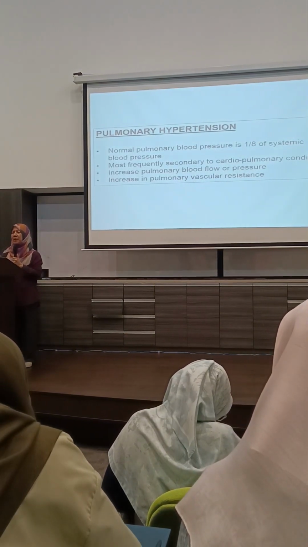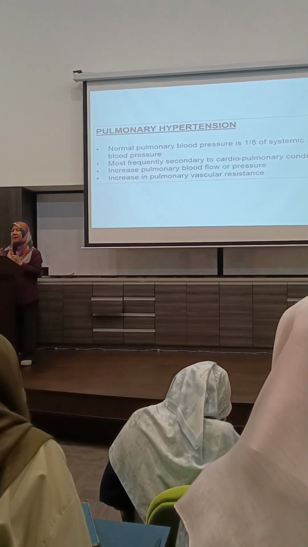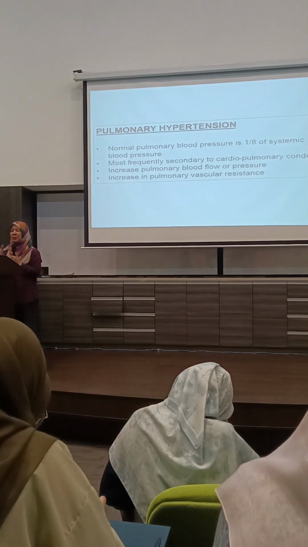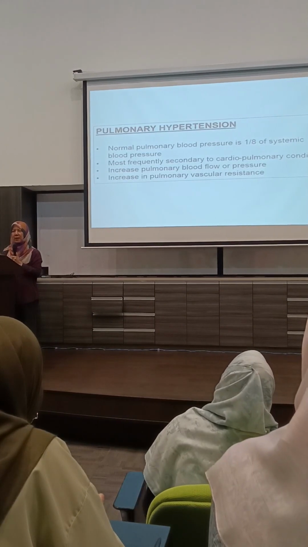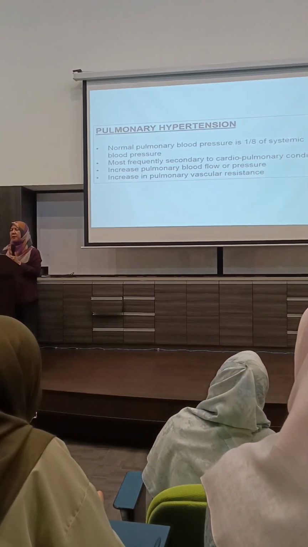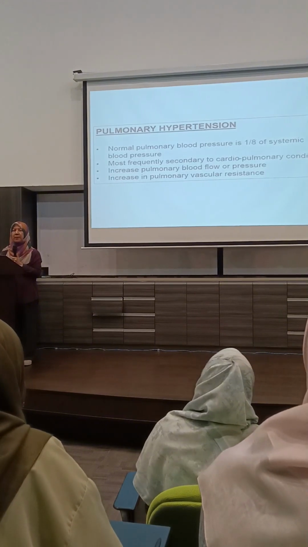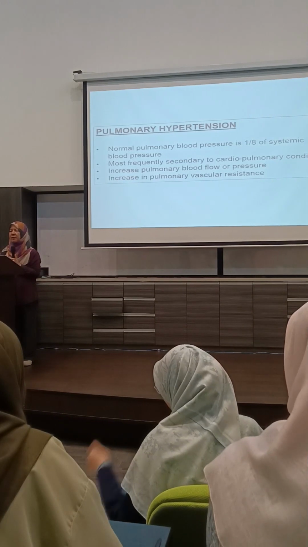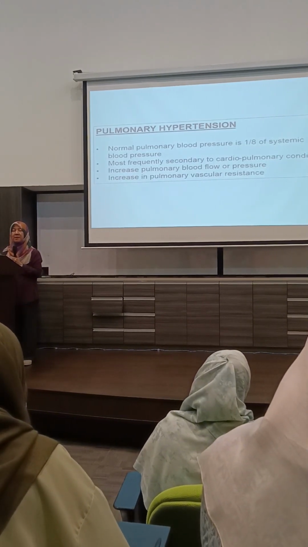These are usually caused by related heart and lung conditions. So usually you get pulmonary hypertension due to problems in the heart, either increased blood flow or increased pressure in the vessels of the lung, or increased resistance in the lung.